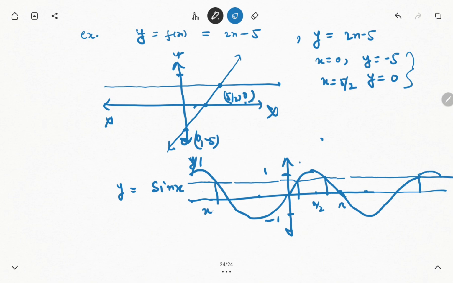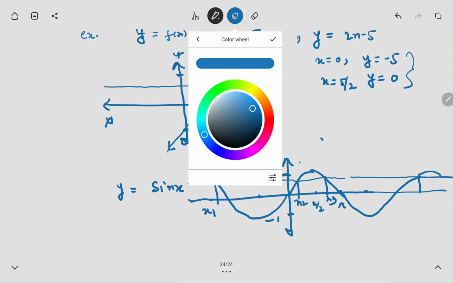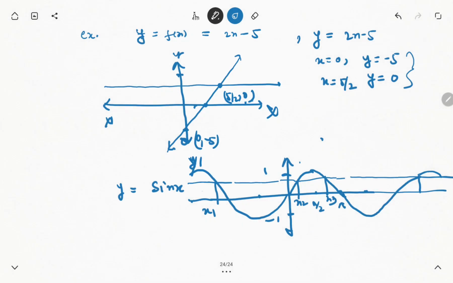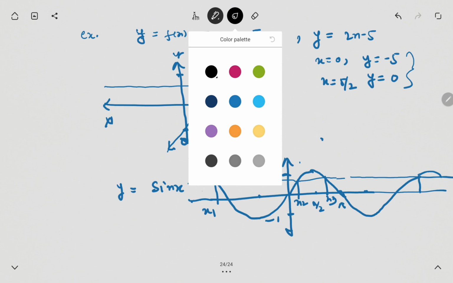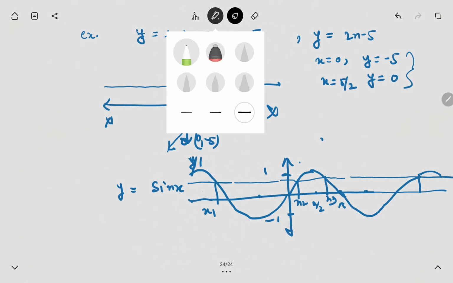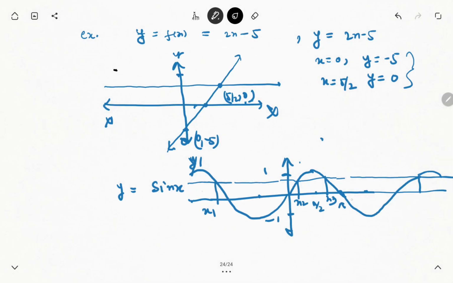This means if this is say x1, this is x2, this is x3, and this is x4, and so on, then you can write f of x1 is equal to f of x2 is equal to f of x3 equal to f of x4.